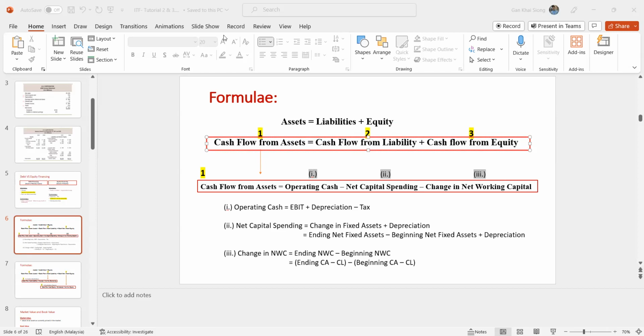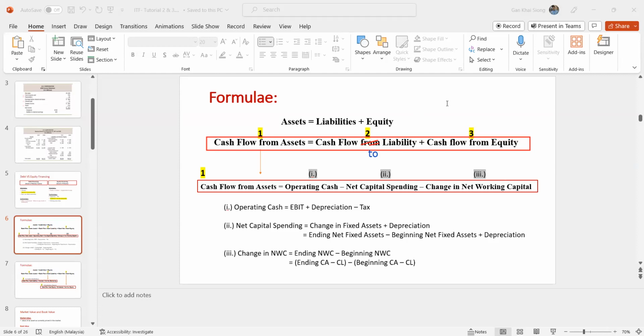Let me make it easier to understand. The first component, cash flow from assets, means cash flow in your assets part. For the second component, when they say cash flow from liability, instead of using the word from, think of it as cash flow to liability. That means the cash that you use to pay your creditors.